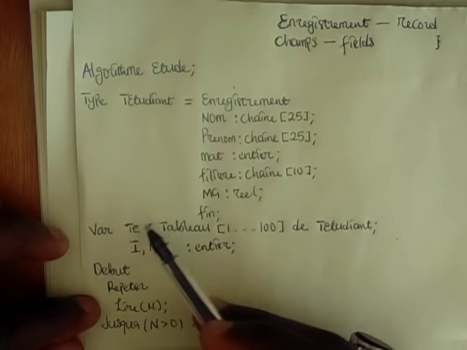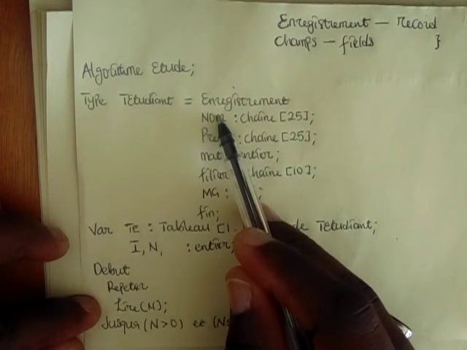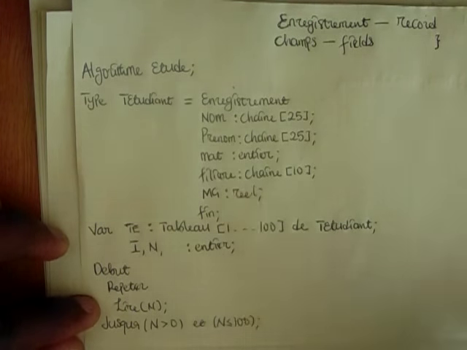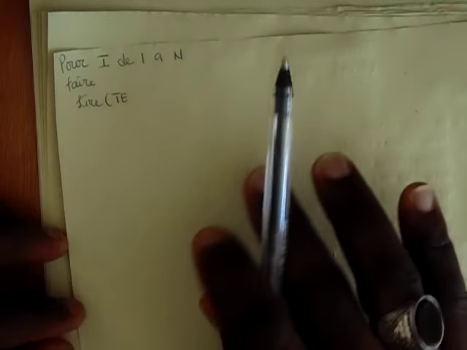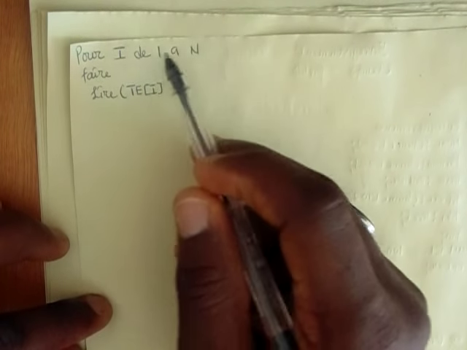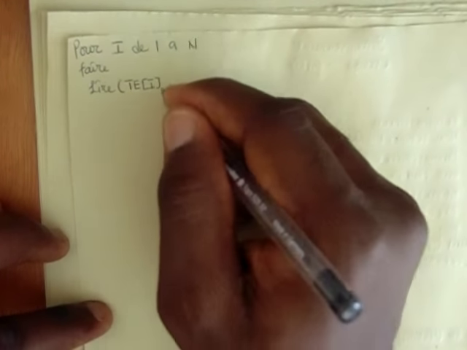So we take TE, associate it with the num, we scan it, we study for the name, we study for the surname, and the rest. So we say TE of I. So TE, the table at position 1, because we said I begins from 1, it will go to 2 continuously.